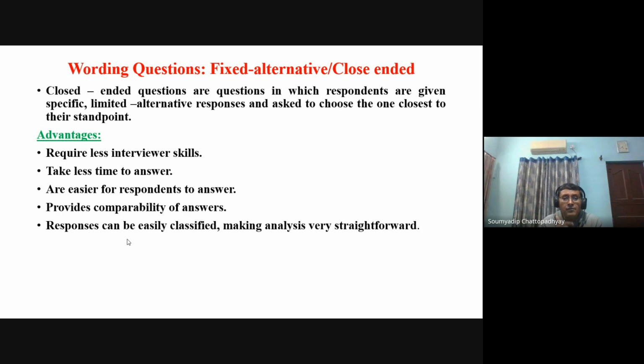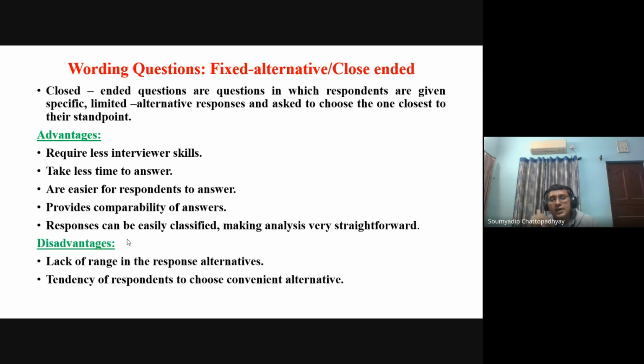So it will help the researcher to check the comparability of the answers and draw the policy conclusions accordingly. And also the most important aspect is that the responses can easily be classified, which actually makes the analysis very straightforward.